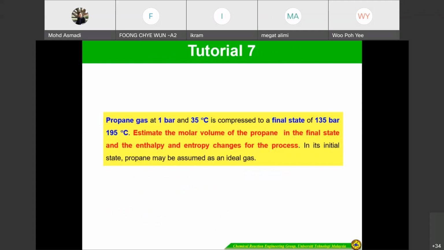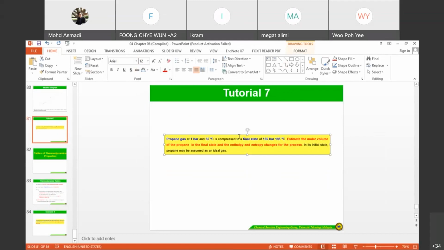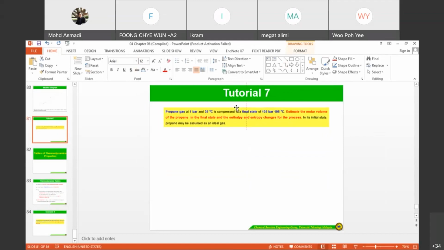Propane gas at 1 bar and 35 degrees C, so you have to convert to Kelvin. Compressed to the final state 135 bar, 195 degrees C. Estimate the molar volume of the propane in the final state and the enthalpy and entropy change of the process.